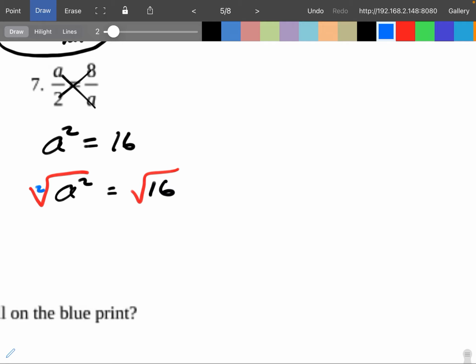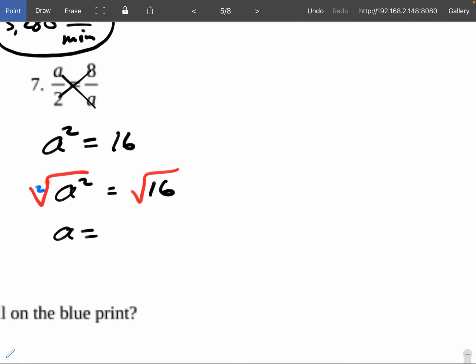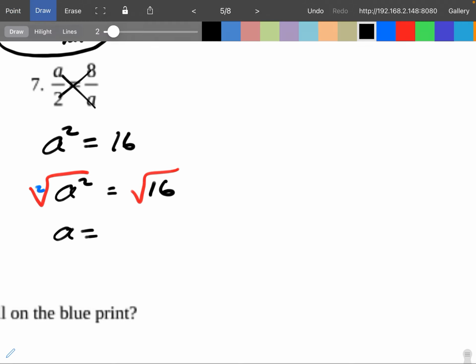Now remember, when I do a square root, there's actually a little 2 in here, right? So what's the square root of a squared? Just a. But whenever we take the square root of both sides like this, we've got to remember to put a little plus or minus over here on the right-hand side.